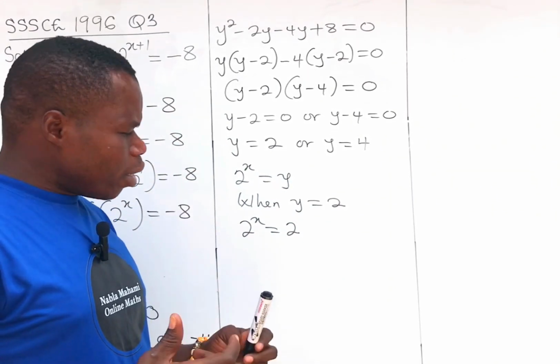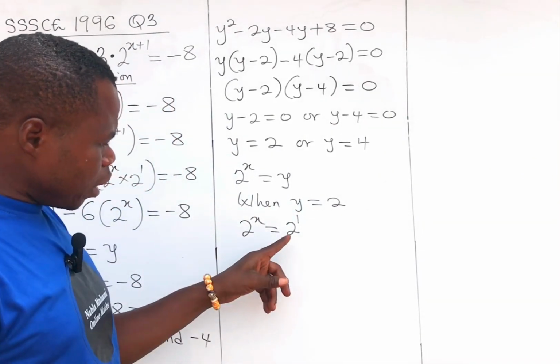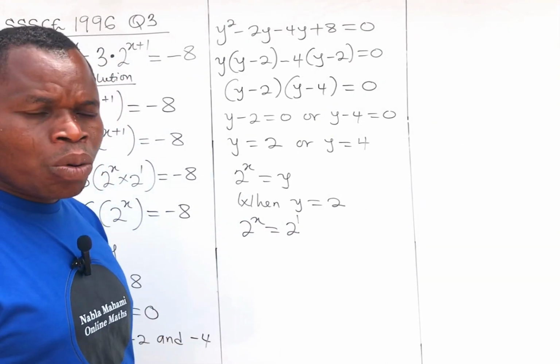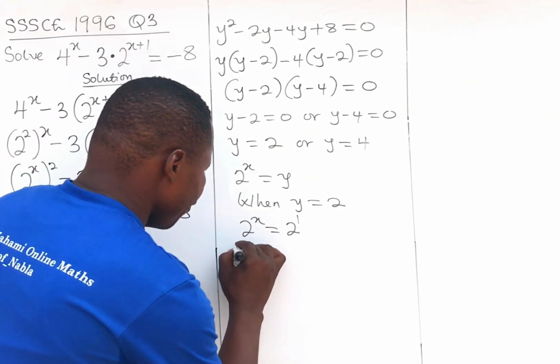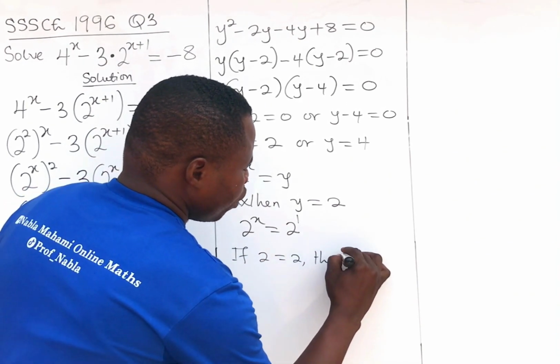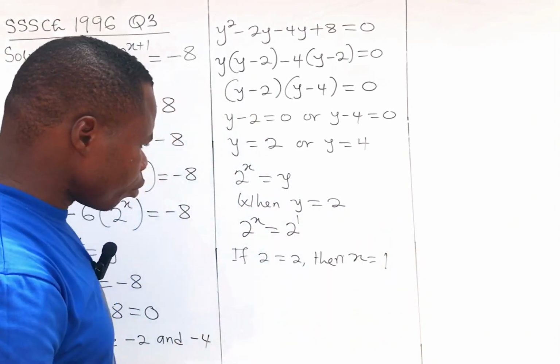But we know that any number, or 2 raised to the power 1, is the same thing as 2. So I will say that this exponent should be 1. And if the bases are the same, it means that the exponents too are also the same. So I can say that if 2 is equal to 2, then x is equal to 1 here.